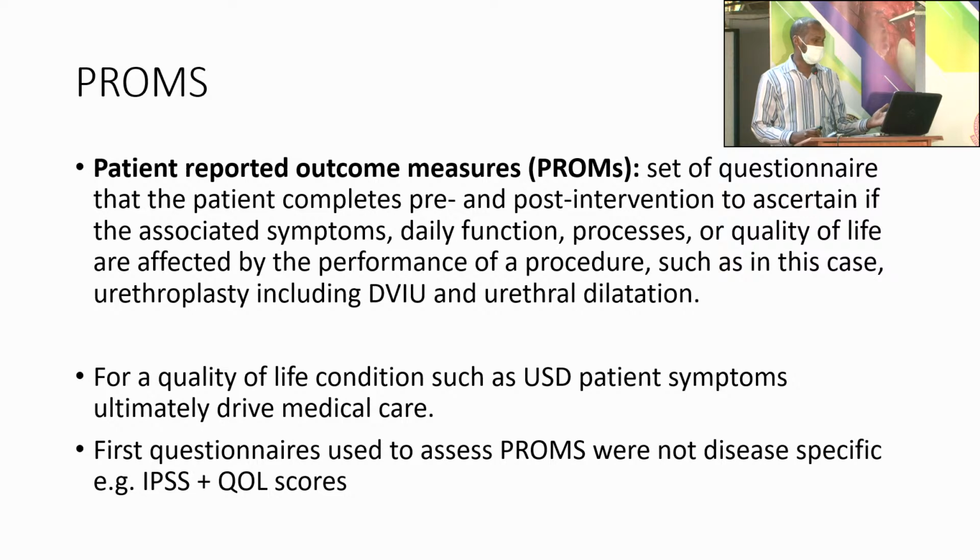Urethral stricture disease is a quality of life condition, therefore the ultimate factors that drive the medical care should include the patient's symptomatology and satisfaction. So the first set of questionnaires that were used to assess urethral stricture disease were actually non-specific to the disease. This included the IPSS score and the quality of life, which were initially developed for benign prostatic enlargement.